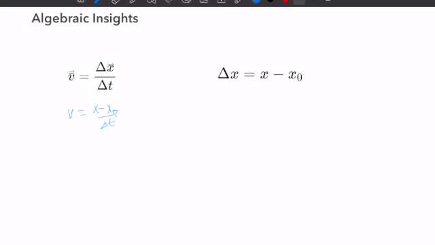Now what I want to do next is rearrange this equation. So we have v delta t equals x minus x0. So what does x equal? We add x0 to both sides, and we're left with x equals v delta t plus x naught.